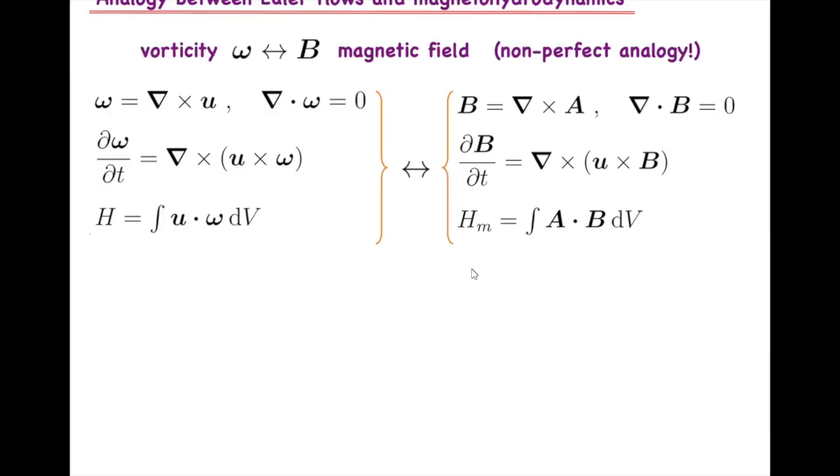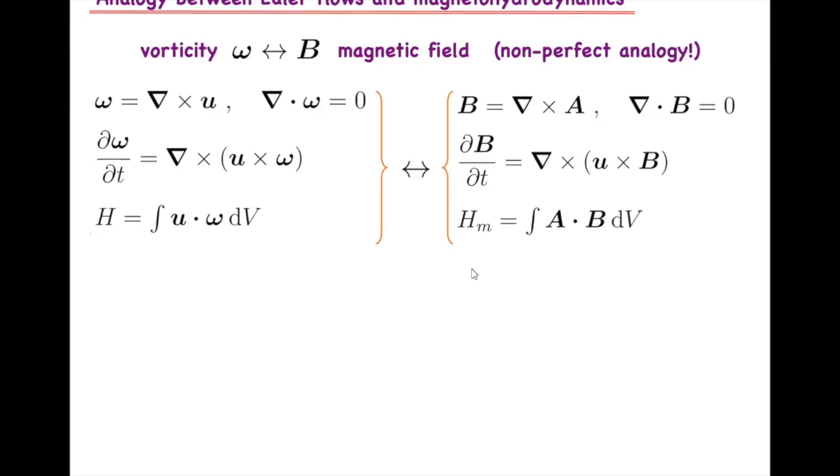Yes, you can draw an analogy between vorticity and magnetic fields, but the difference is that this U is related to omega, so this is really a highly well-known non-linear differential equation, whereas here the velocity is totally unrelated to the magnetic field. To be clear, imagine that you have some flow here, you open a window, you have a wind coming from somewhere, and air is flowing, and imagine that you have a magnetic field from one corner to the other.